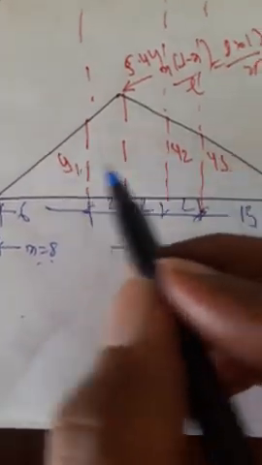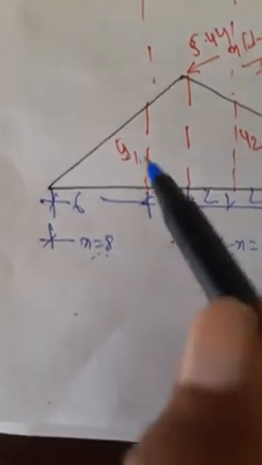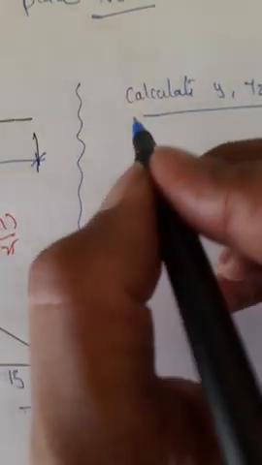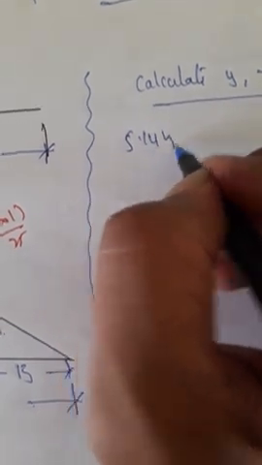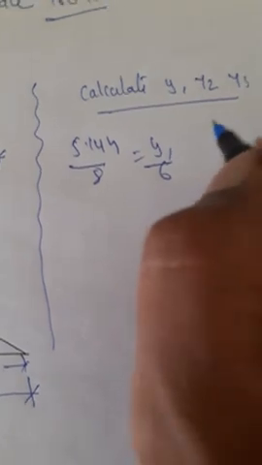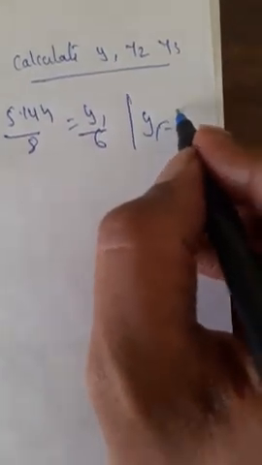Now I have to calculate these ordinates. So to calculate y1, 5.44 divided by 8 is equal to y1 divided by 6, or y1 is equal to 4.08.